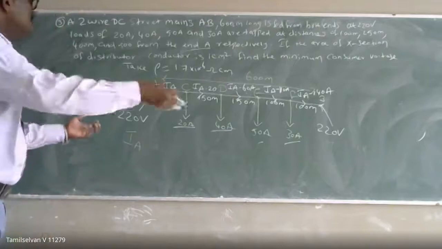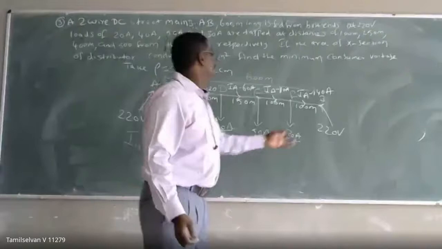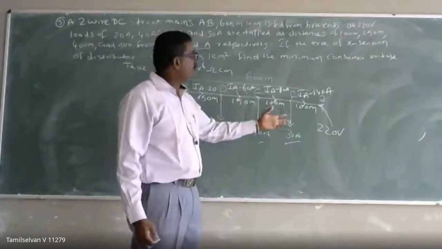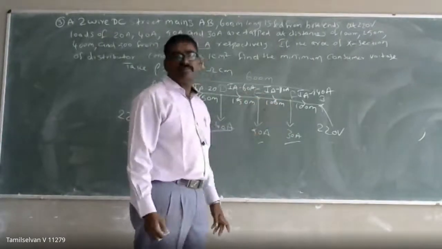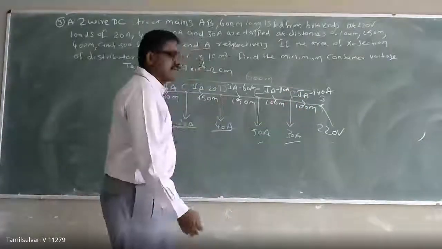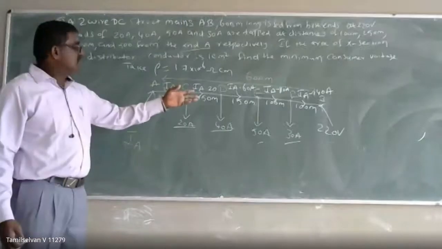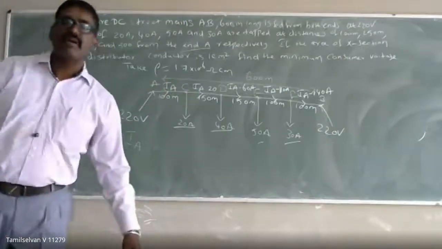So I have assumed the current value. Suppose if you take this point, you can also take that point. Whichever is convenient, you can take it. That's not a problem. Assume IB is the current, then you can calculate. Now calculate the section resistance, then calculate the IA current value.